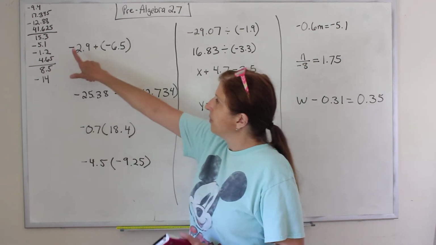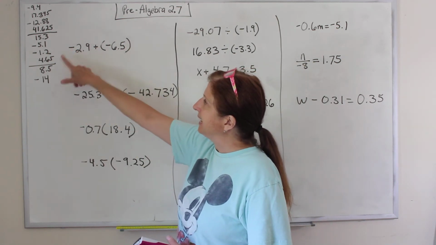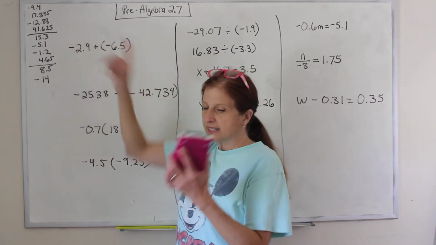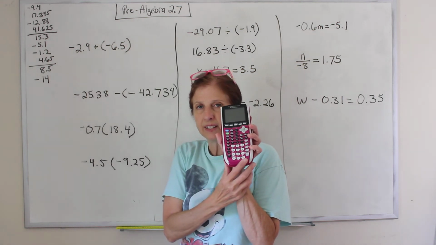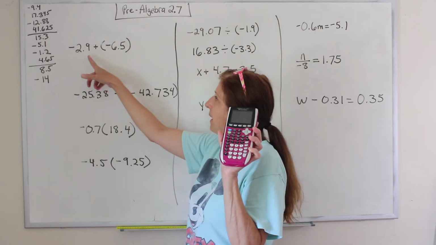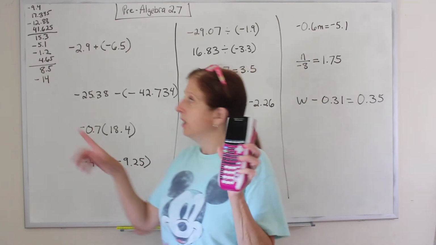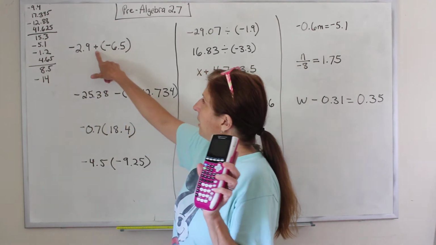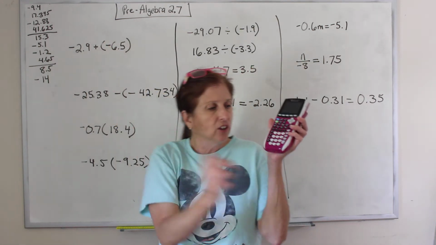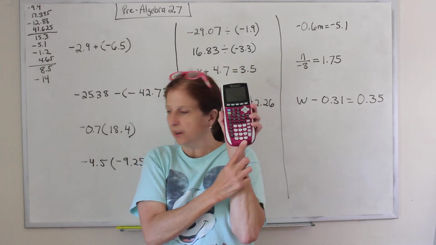If the minus sign is at the beginning of the problem, it's the negative that's down here. If it's got a plus and a negative, you still use the negative sign on the bottom.